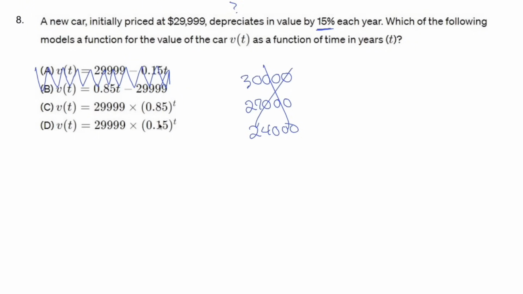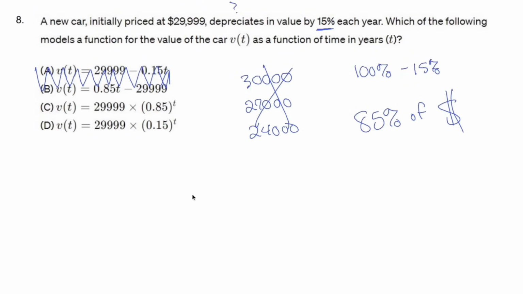Now, if you're tempted to say, okay, well, what we'll do is we'll just multiply it by 0.15 because 15% is 0.15. No. If something loses its value by 15%, what you're doing is you're taking 100%, subtracting 15%, and you're now taking 85% of that price.